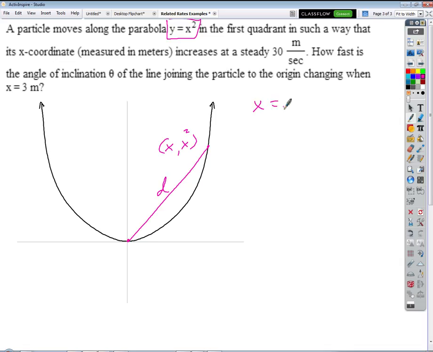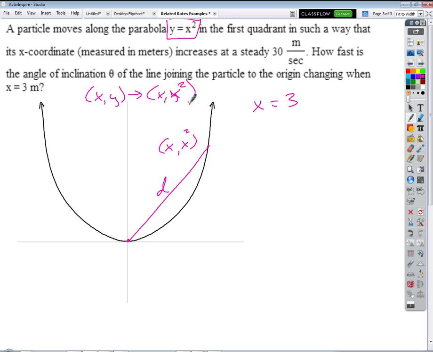What's x equal to? x equals 3. And what else did they tell us? y equals x squared, true, but we already kind of did that. We said our coordinates were x, y, and we just replaced them with x and x squared.